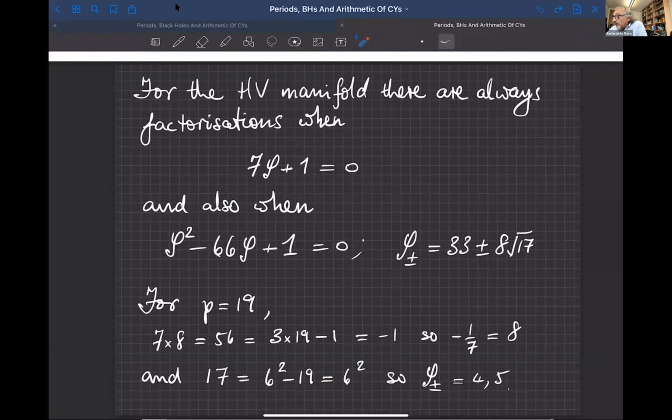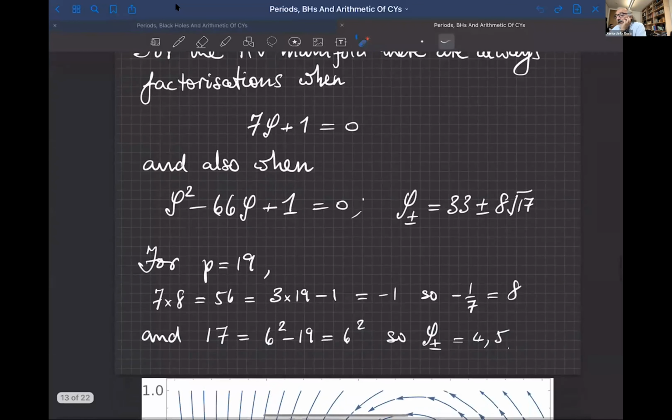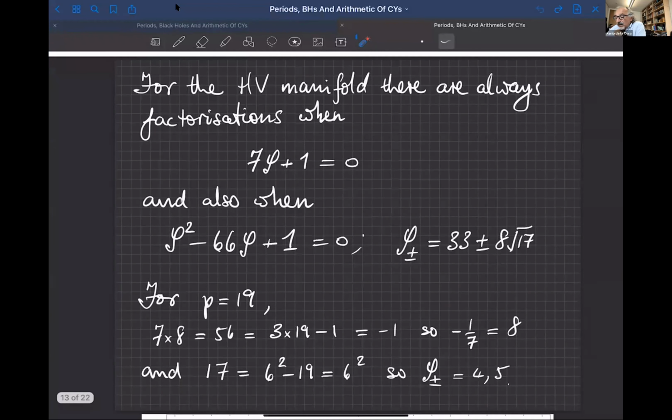Harder is that once you've succeeded in finding a linear factor, then of course you turn to looking for a quadratic factor. Are there more solutions? With more effort, you find that there are solutions whenever phi squared minus 66 phi plus 1 is 0. Again, if you search for this, you don't have to search for very long before you find it.